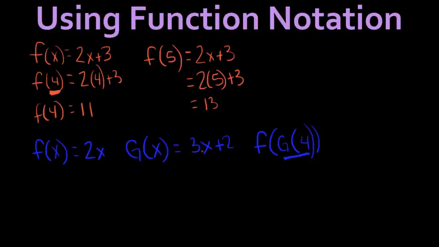So we plug in 4 into this function. So the g of 4 is equal to 3 times 4 plus 2. 3 times 4 is 12, plus 2 is 14. So now we have the f of g of 4, and g of 4 was equal to 14. So we'll plug 14 into f of x.